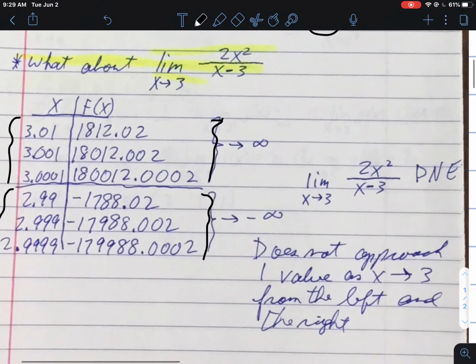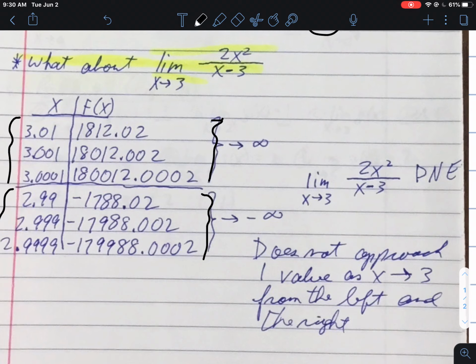So now, in terms of the limit itself, to say that a limit exists would mean that these function values would have to be approaching the same number from the left and from the right, like we've had in each of the previous examples. But in this case, two different things to mention here. First of all, notice that the function values are not approaching a number. The fact that they're either approaching positive infinity or negative infinity means that they're either getting large positive or large negative without bound.